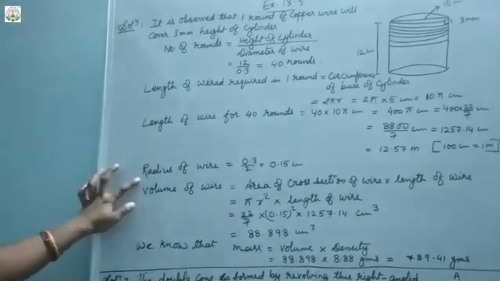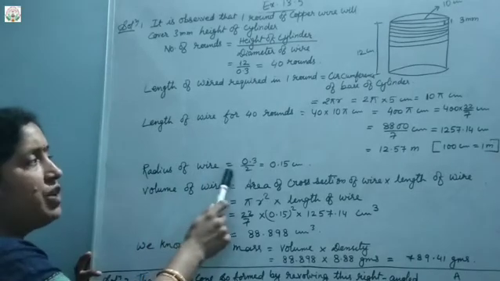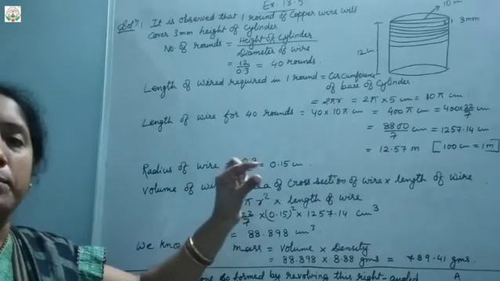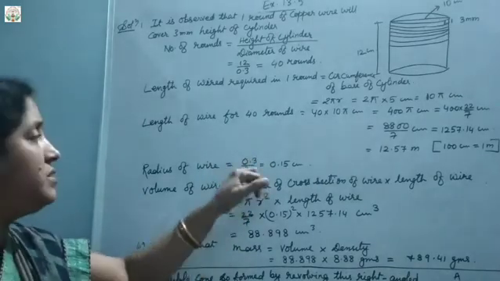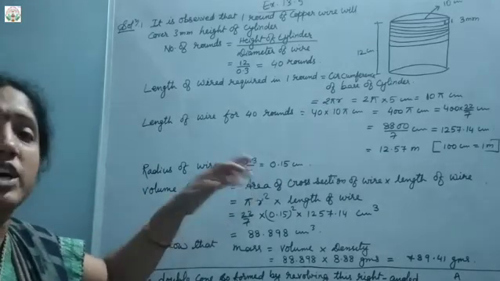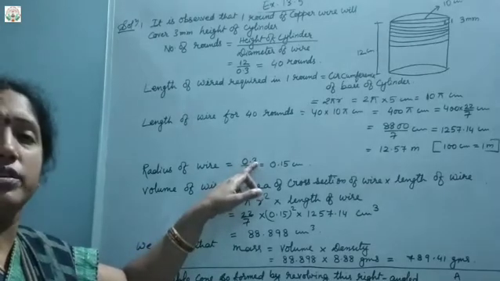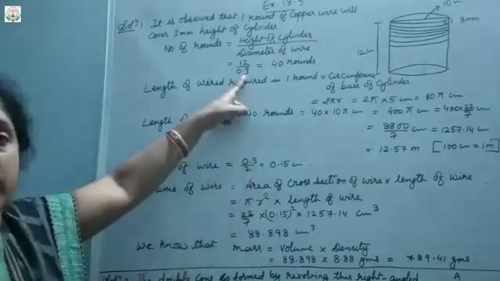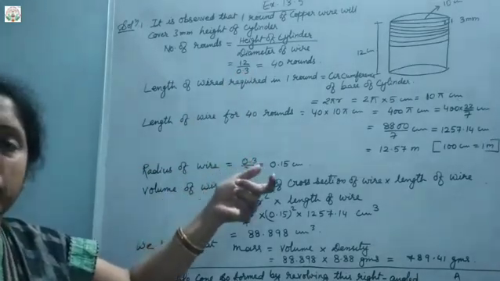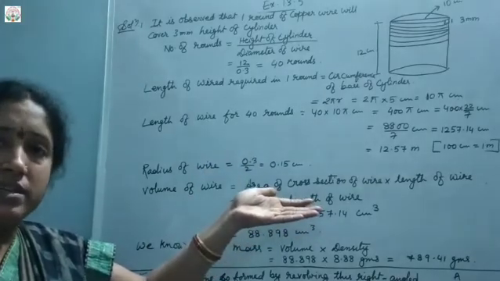Now come to the next part, that is the radius of the wire. The wire thickness is given as 3 mm, that is the diameter is 3 mm. Conversion into centimeter, we already did: 0.3 cm.